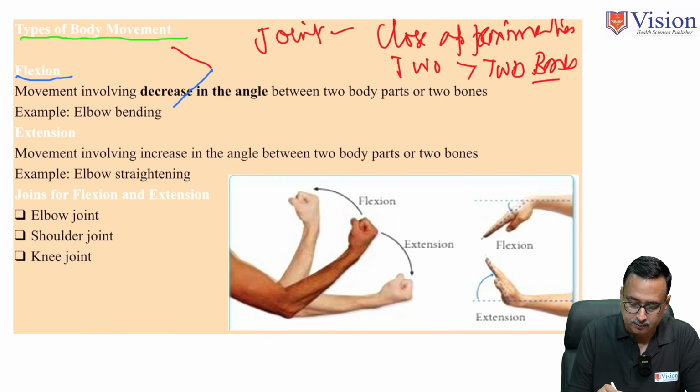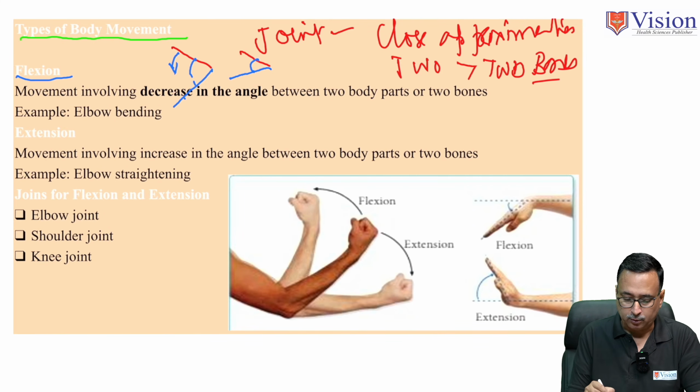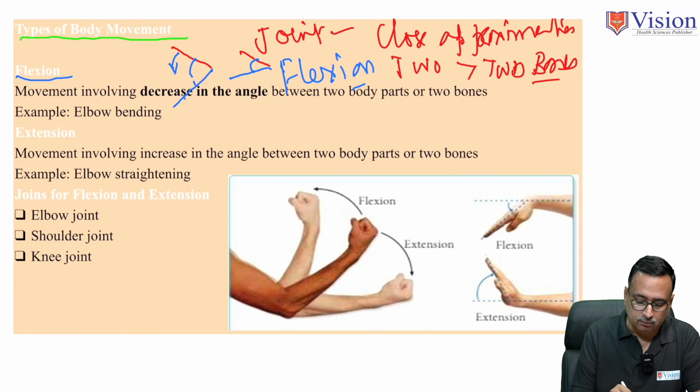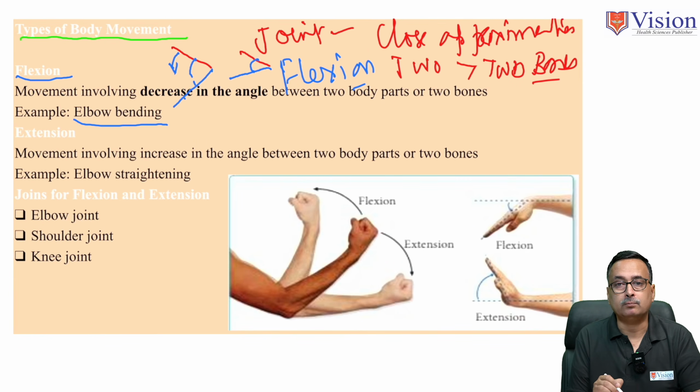If this part comes closer to this part, then what would happen to this angle? Certainly the angle will reduce. This angle is decreased. Now we call flexion has taken place. Example is when we bend an elbow.